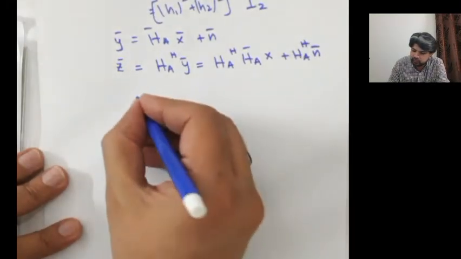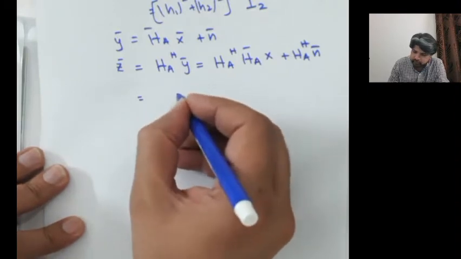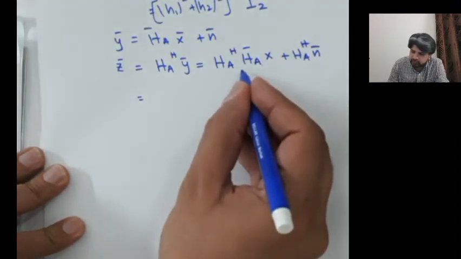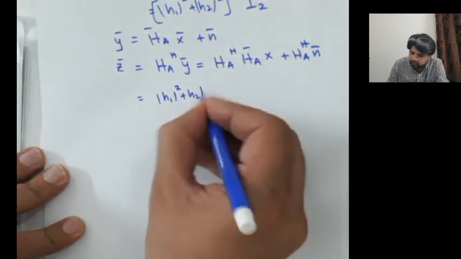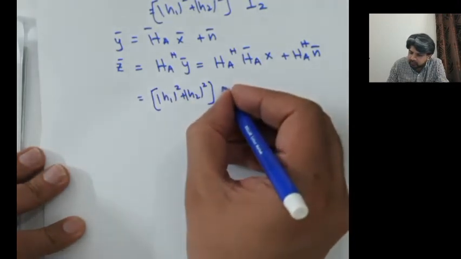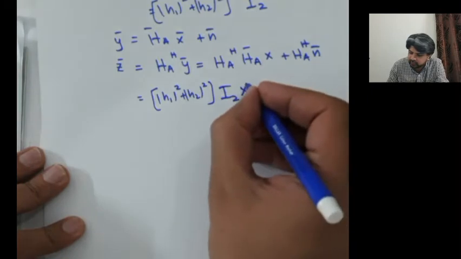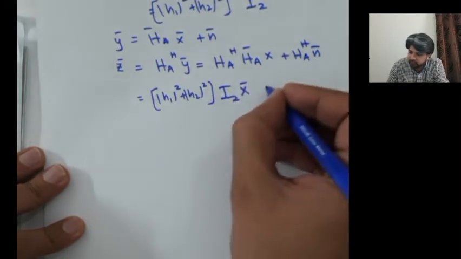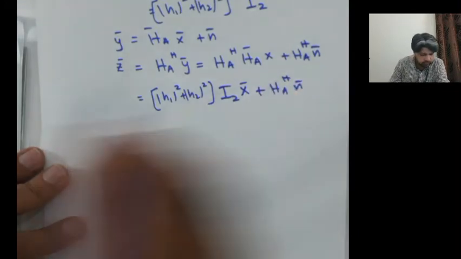And HA Hermitian times HA is nothing but H1 mod squared plus H2 mod squared times I2 times x, right, plus HA Hermitian times n.